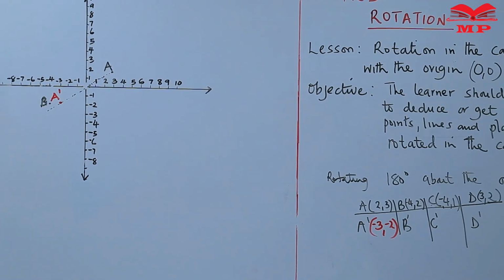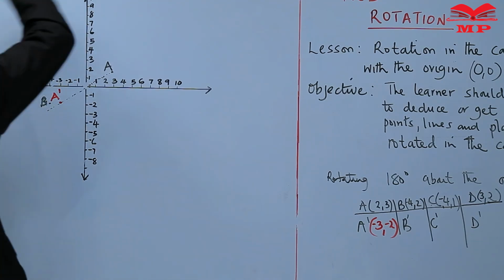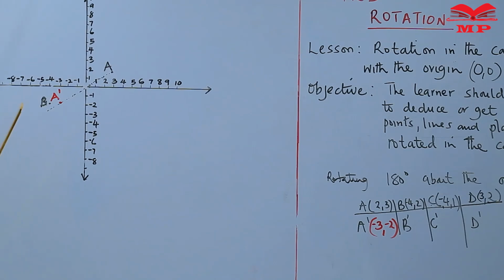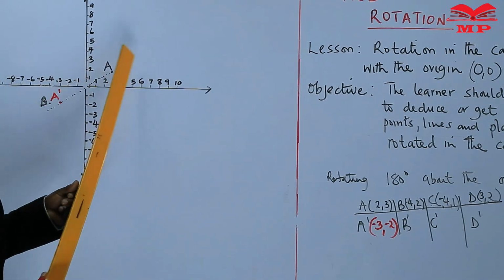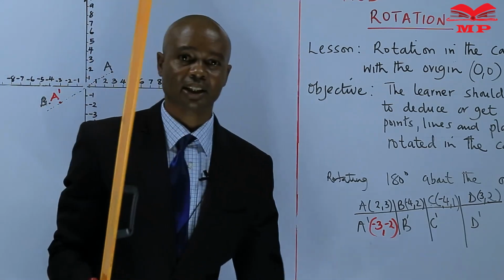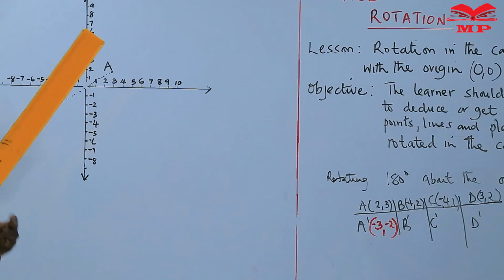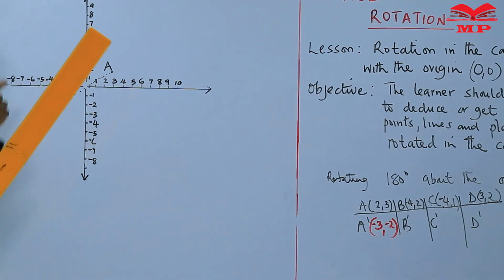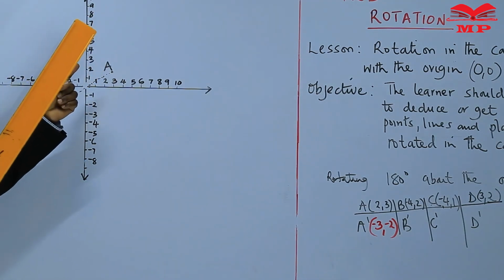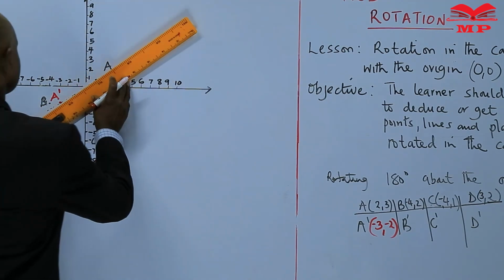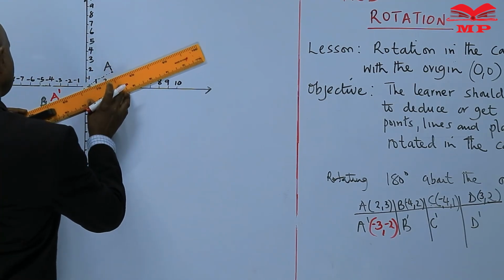As usual, since it is a half turn, you are turning a half turn. Although the other time we learned clockwise will be negative and anti-clockwise will be positive, in this case it will just be a half turn. Whether you turn positive or negative, you still have the half turn.